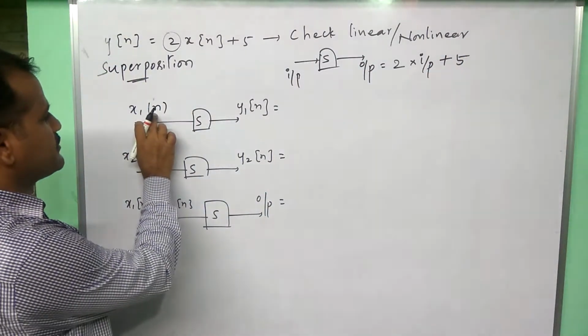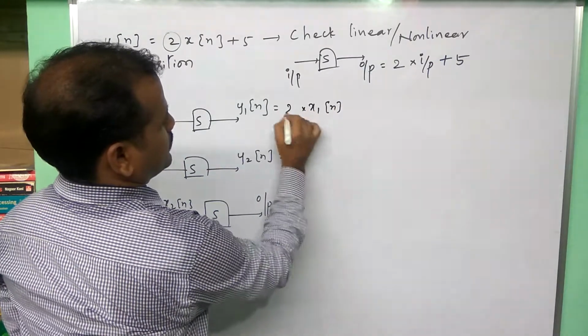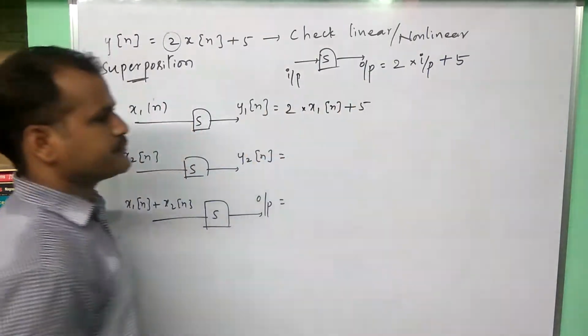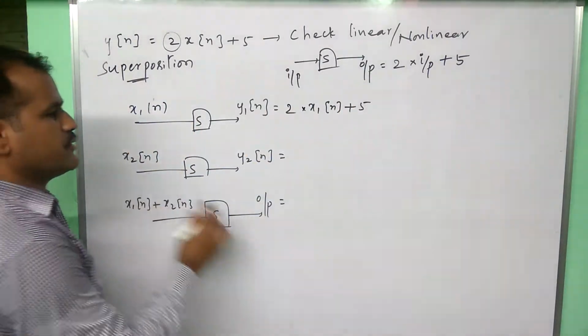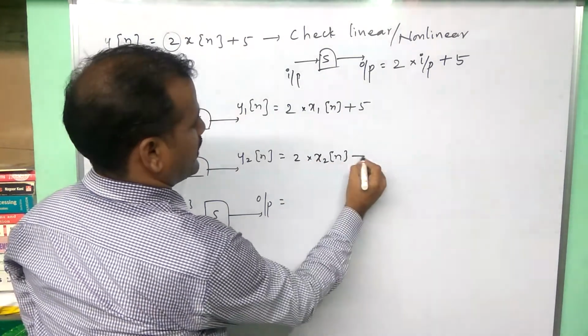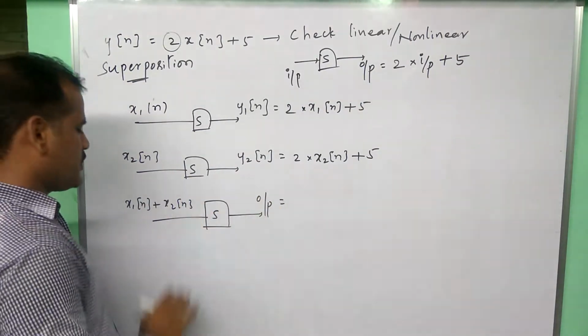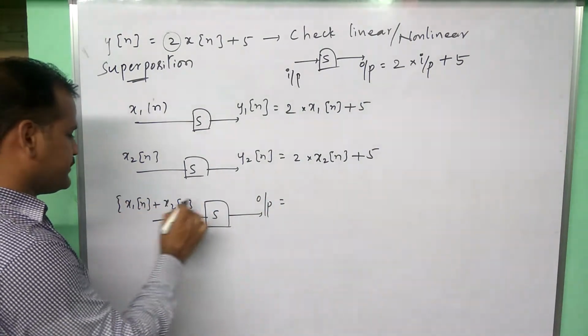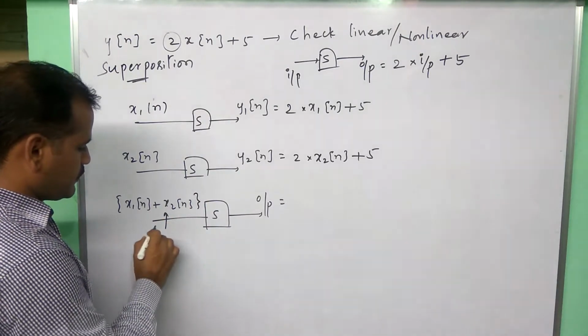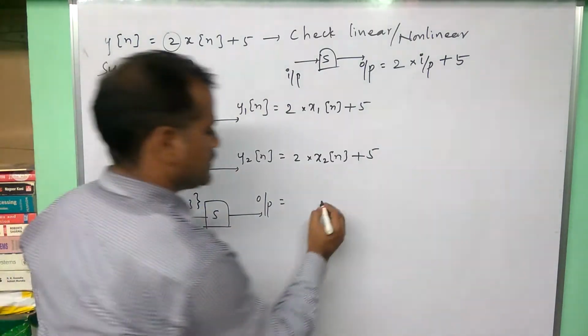Now consider this case, x1 of n is the input. So multiply with 2, add with 5. Similarly, x2 of n is the input. This input is multiplied with 2, added with 5. The name of this one is y2 of n. Now this output, if you observe, is for the total input, that is nothing but x1 of n plus x2 of n.